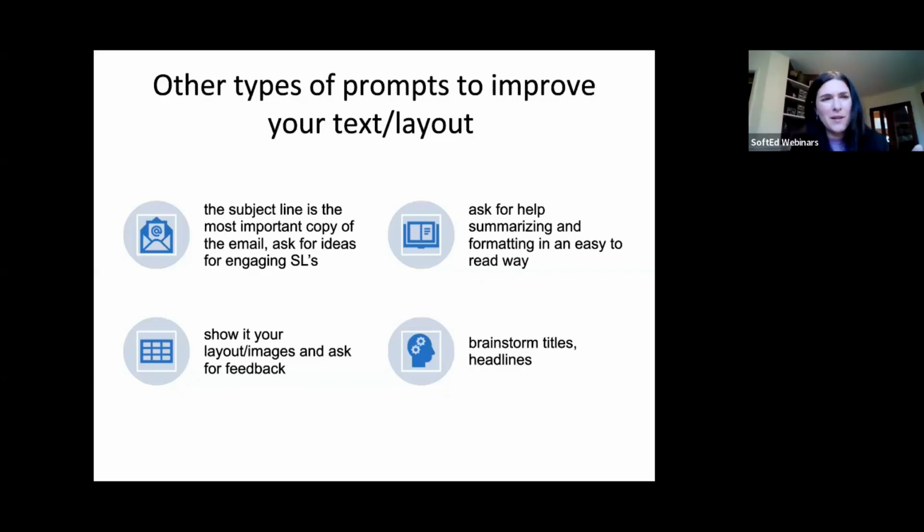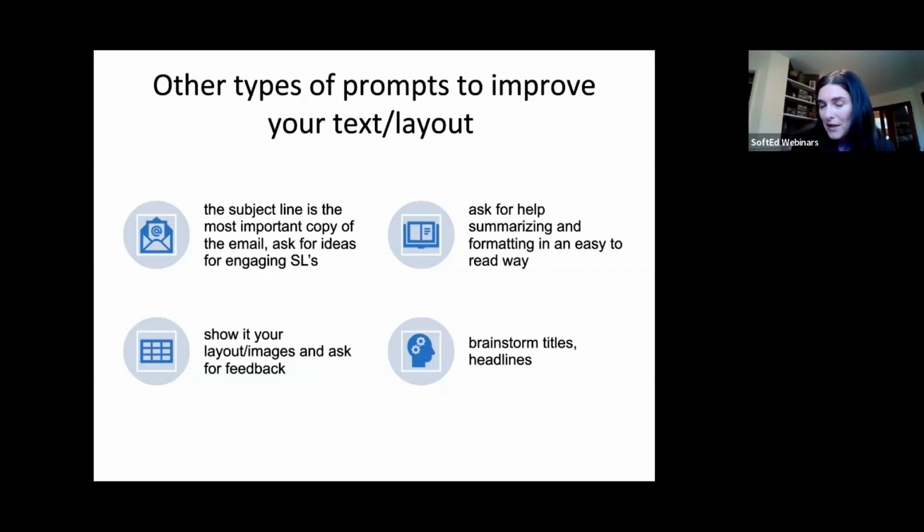You might know something doesn't look quite right, but you're not sure exactly what to do to fix it. You can put that in there and ask for feedback, and it'll say, well, this looks good, that looks good. You might want to think about adding more white space here, or maybe you forgot a call to action. All those types of feedback, it's really good at methodically going through and checking for those things and catching things that you may have missed.